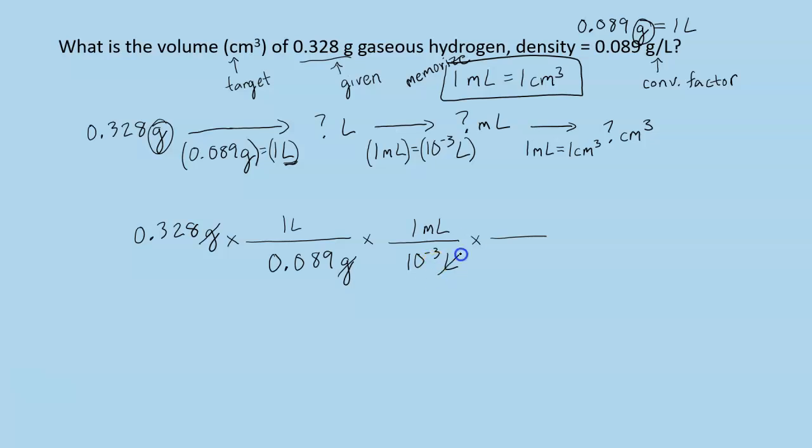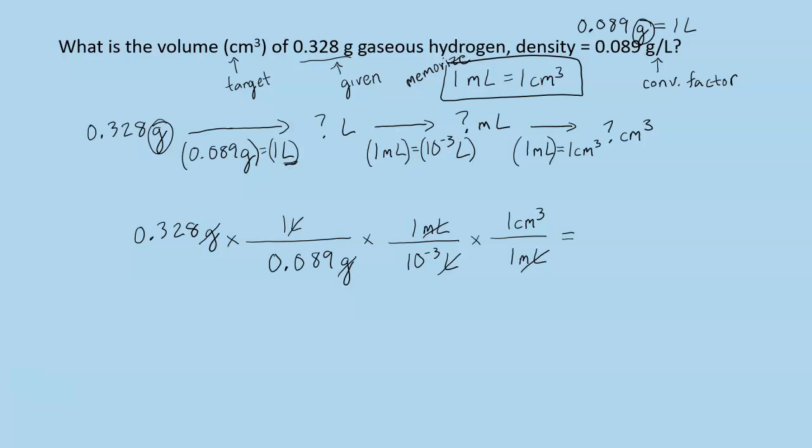Okay, liters cancel. And now last step to go from milliliters to centimeters cubed, again going diagonal. From that conversion factor, 1 milliliter will go on the bottom, and then that forces the 1 centimeter cubed to go on top. And of course, you're just multiplying by 1 to get the units to cancel.